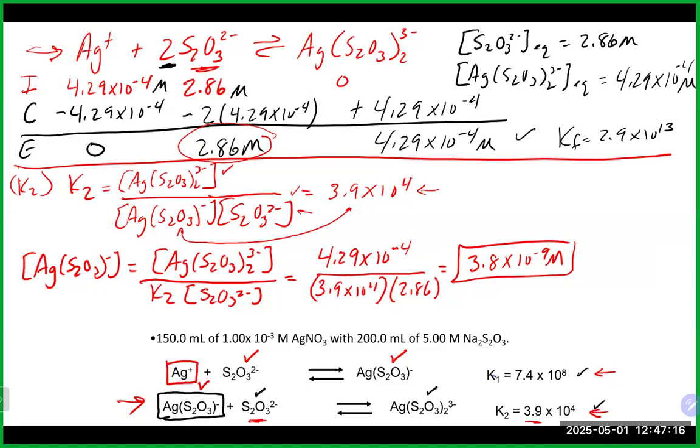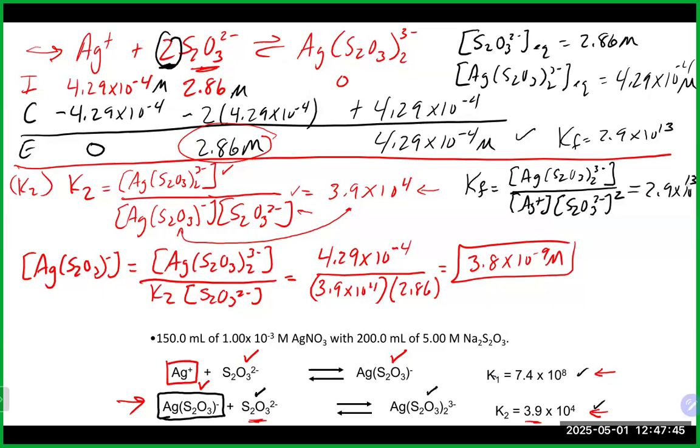Your KF would have been your complex ion divided by your silver concentration and your S2O3 2 minus. This one you would need to square because we're now using the overall reaction. And this would equal our 2.9 times 10 to the 13.